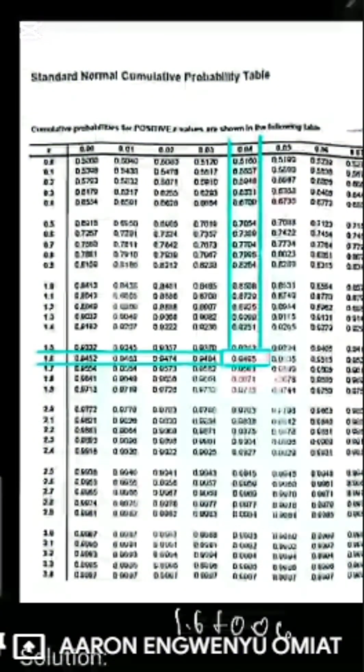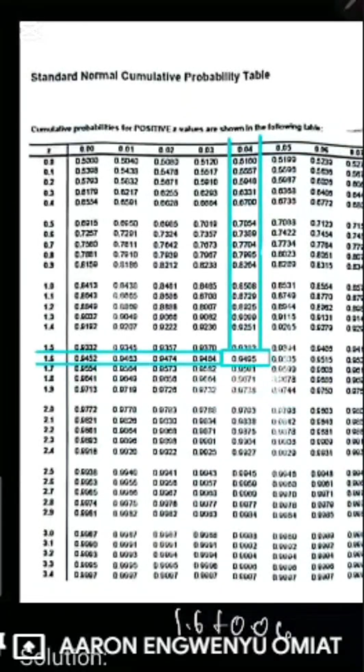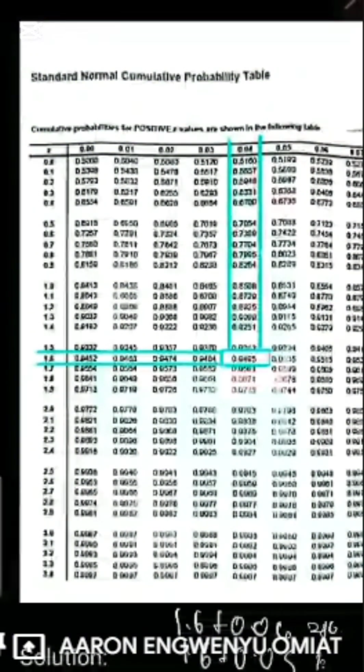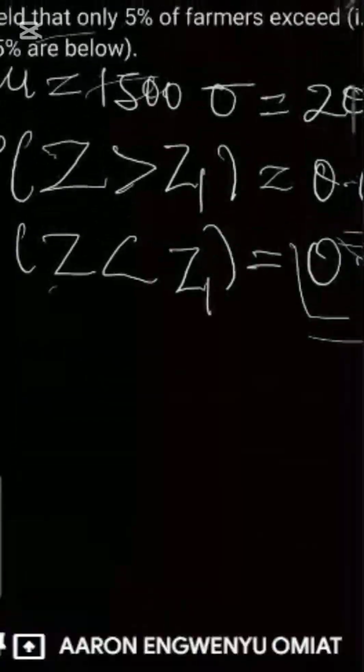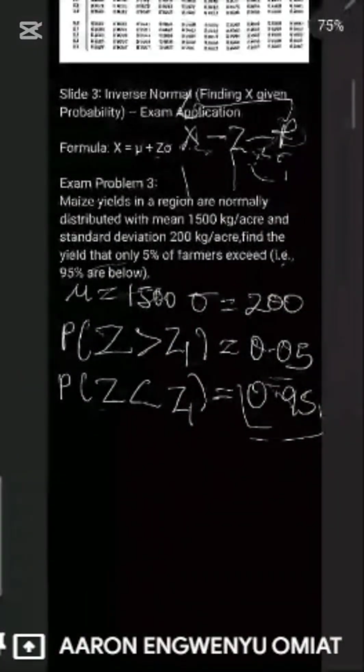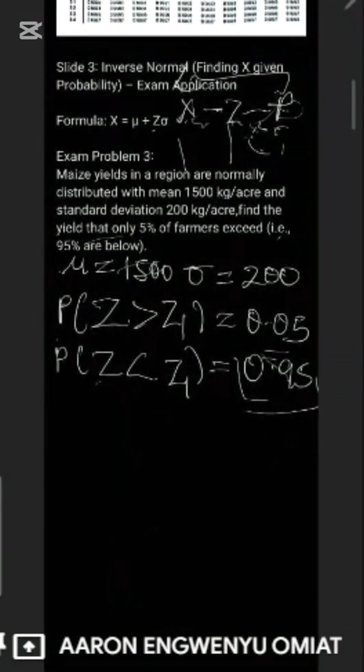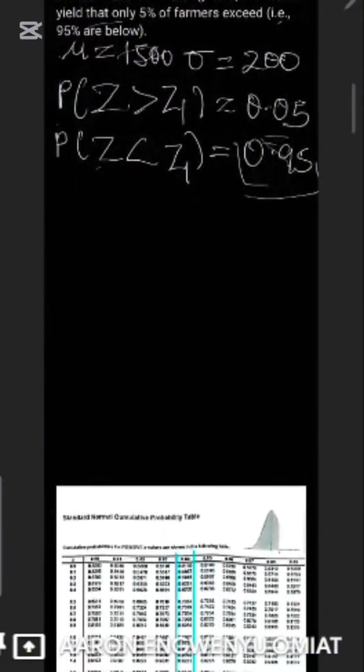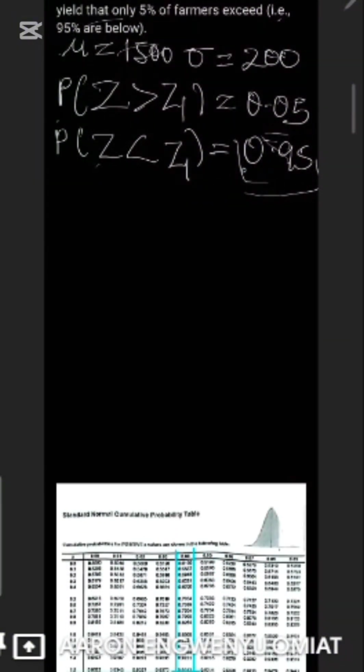If you chose 0.9505, it will be 1.6 plus 0.05. So our answers are 1.64 and 1.65. For this example, I'm going to be using 1.64. So our Z1 will be equal to 1.64.